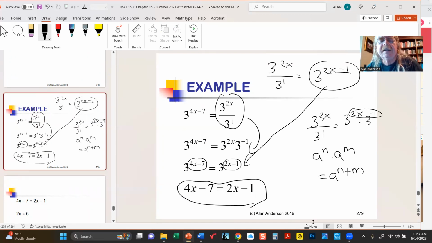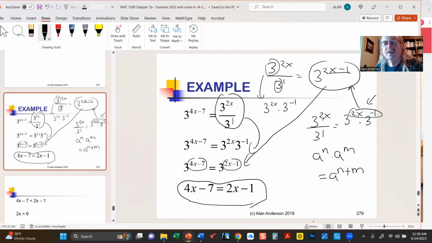Now, the key here is that based on the properties of exponents, when I have the same base here, this is equivalent to 3 to the 2x times 3 to the minus 1 power. As you can see over here, that means I'm going to add their exponents, and I end up with 3 to the 2x minus 1 power.